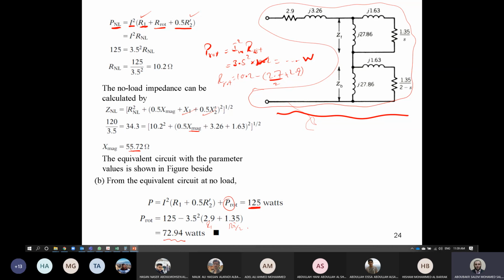And the other part of rotational loss will be core losses. And core losses will be constant for the machine since the applied voltage is rated. It will not be changed if the voltage applied is constant, but it will vary if you change the applied voltage to the machine. So if you keep the machine working at rated voltage, you can assume rotational loss to be constant all of the time.